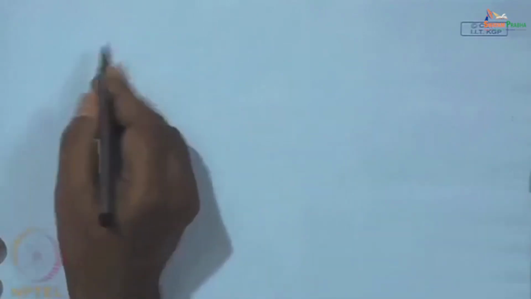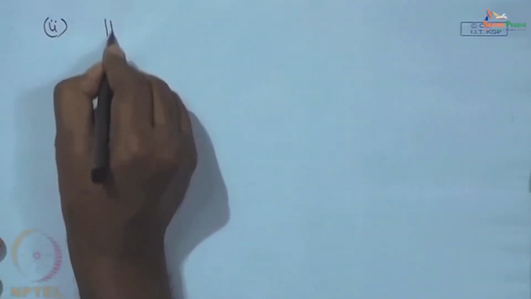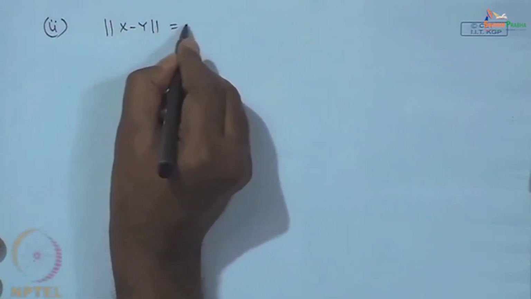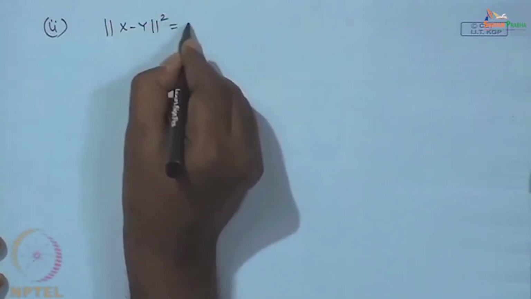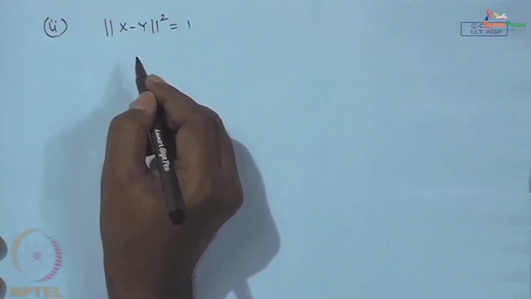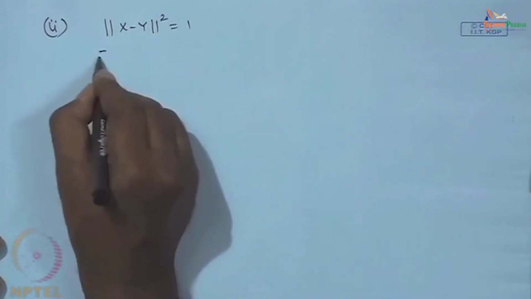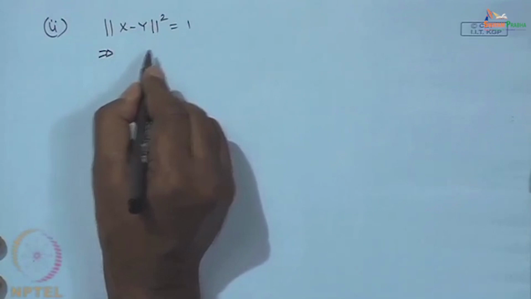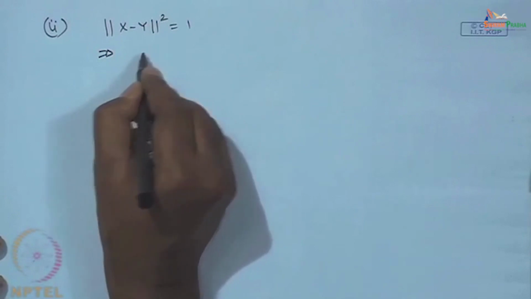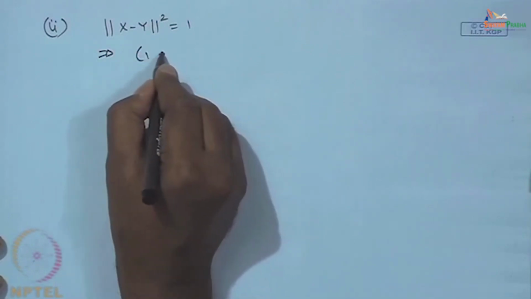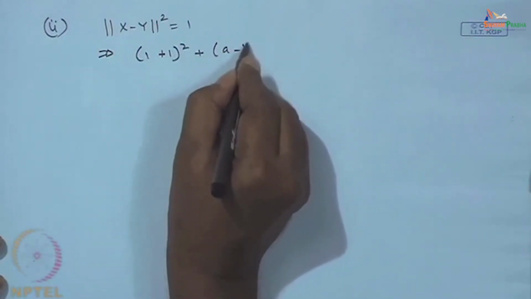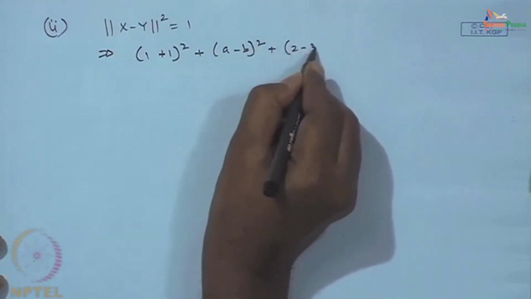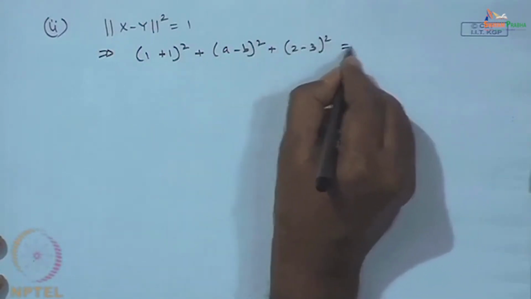So, norm of x minus y should be 1. That simply means 1 minus minus 1 square plus a minus b square plus 2 minus 3 square is equal to 1.